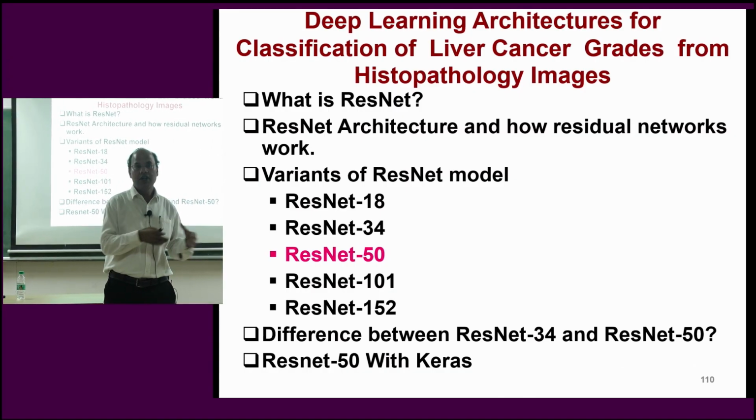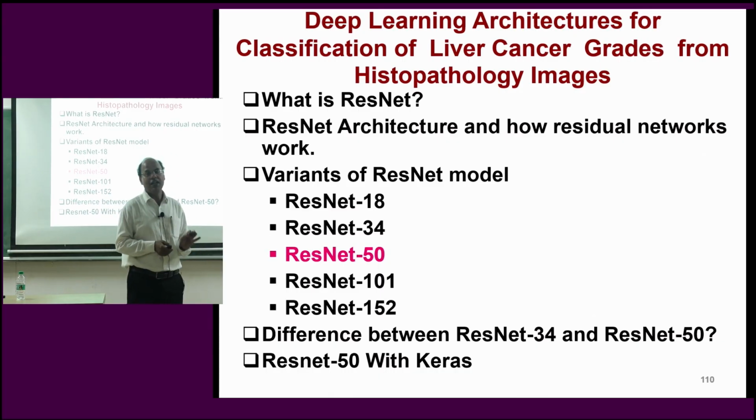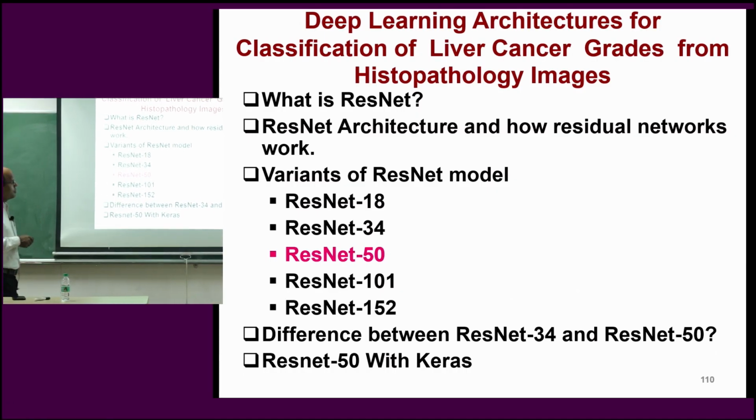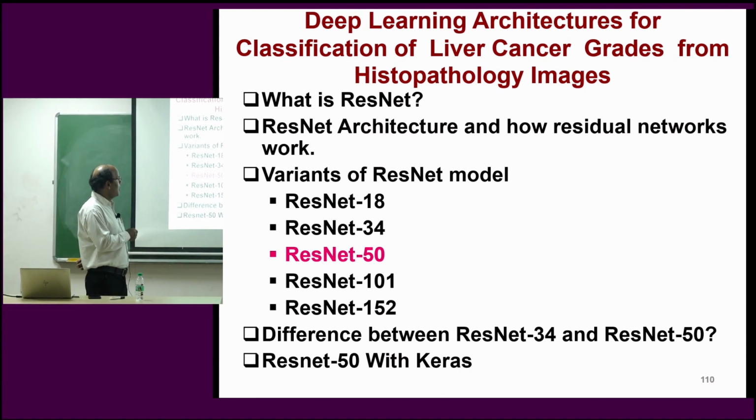As an encoder, pretrained features from ResNet are used there also. So ResNet is very important as far as architecture is concerned. There are various variants of the ResNet model architectures: ResNet 18, ResNet 34, ResNet 50, ResNet 101, ResNet 152, right?